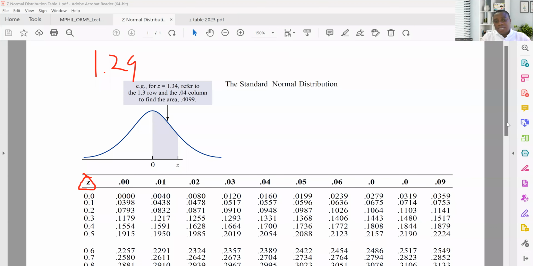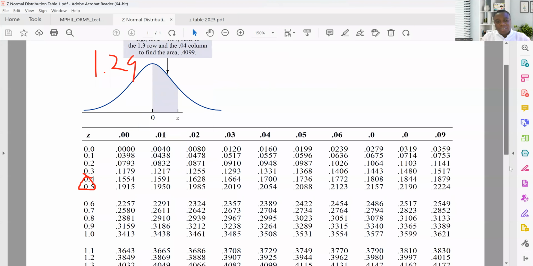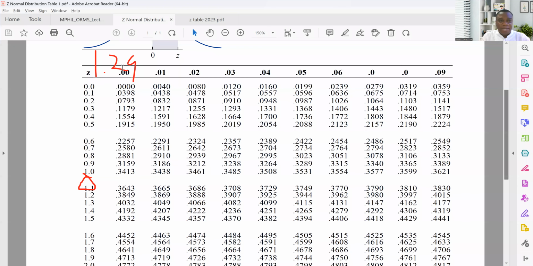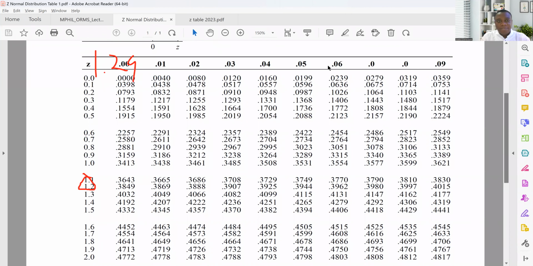You have to go to the edge and look for 1.2, because remember the value is 1.2. That is what I have circled there. After you've gotten that 1.2, the next thing is to read it to the right.